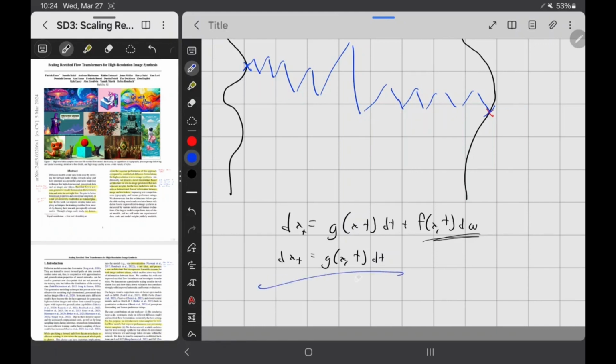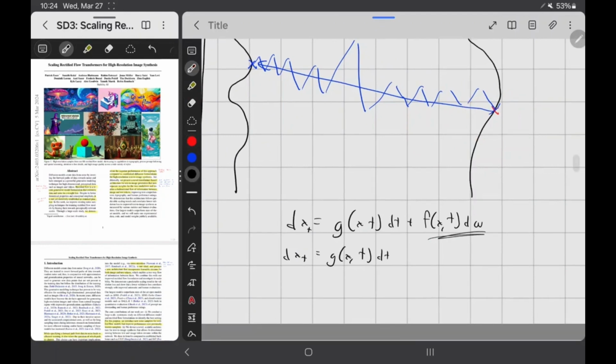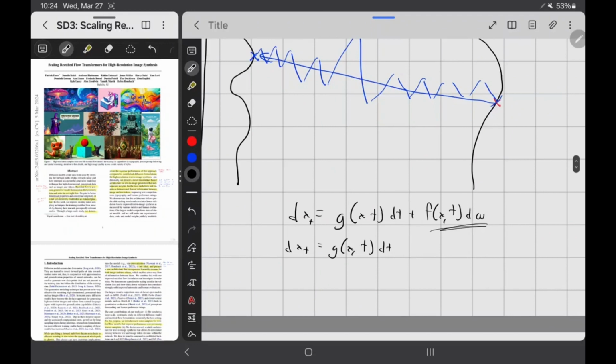Essentially you have your ODE here, and it is a straight trajectory back towards where you were. Once you've already observed the noise, you know exactly what noise to remove. And this is basically how it's formulated.